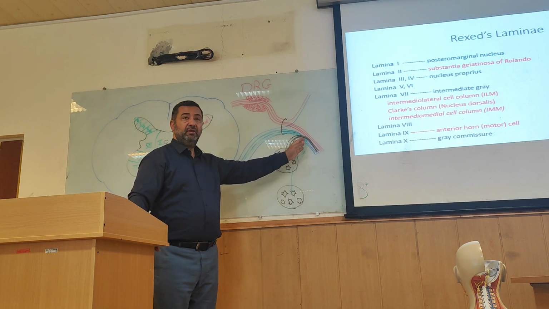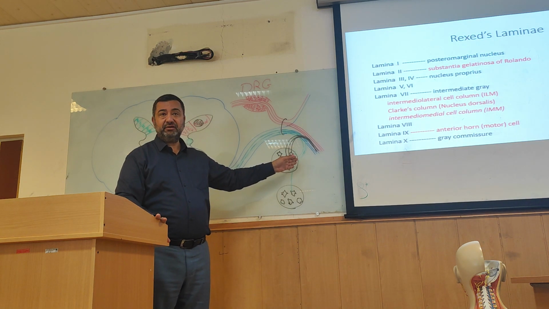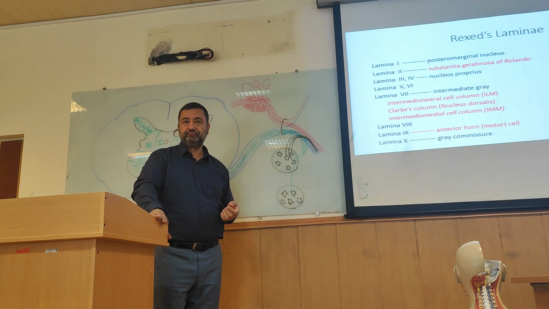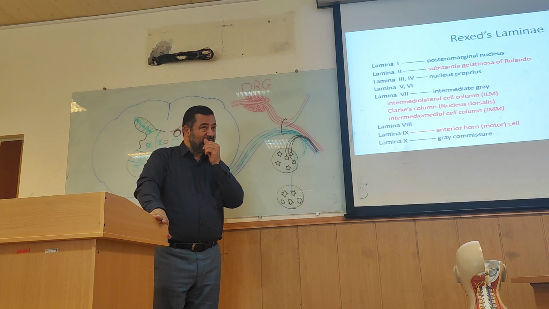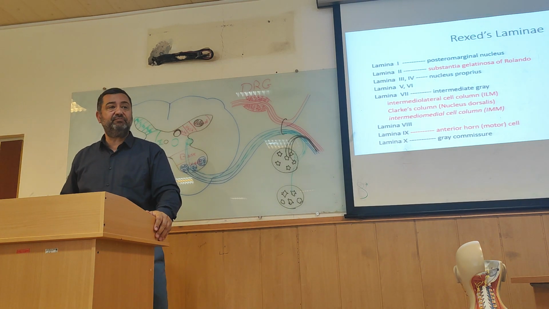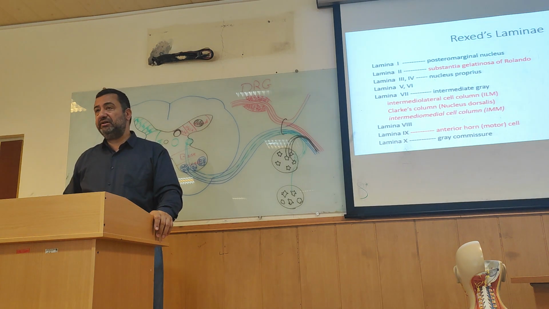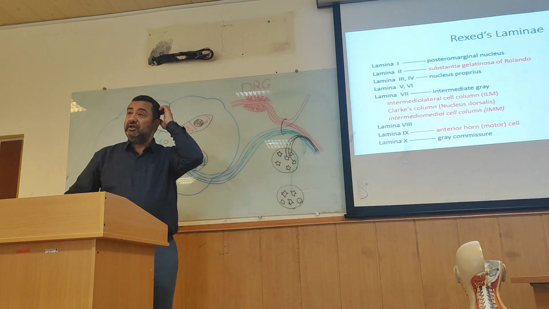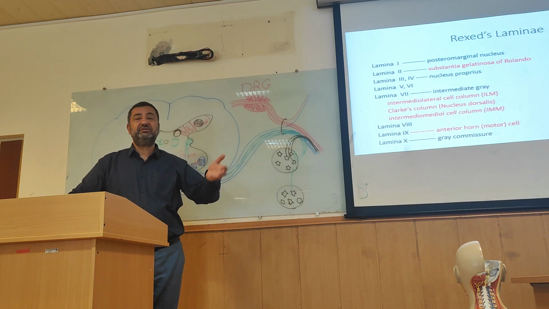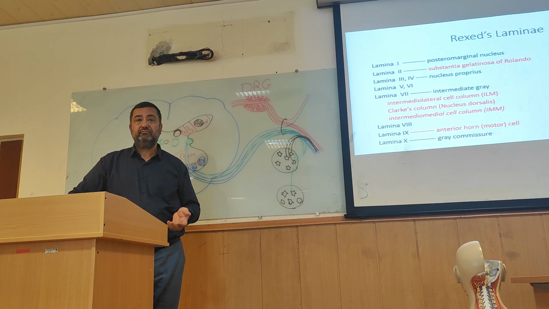You see the white communicating branch and gray communicating branch. Preganglionic fibers are myelinated, but small myelinated fibers. And postganglionic fibers are non-myelinated.